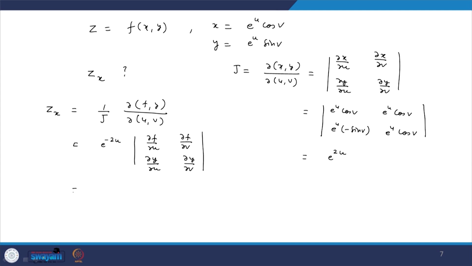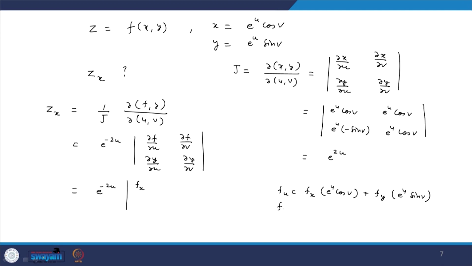Del f by del u can be determined by chain rule: f_u is f_x into del x by del u, which is e raised to power u cos v, plus f_y into del y by del u, which is e raised to power u sin v.